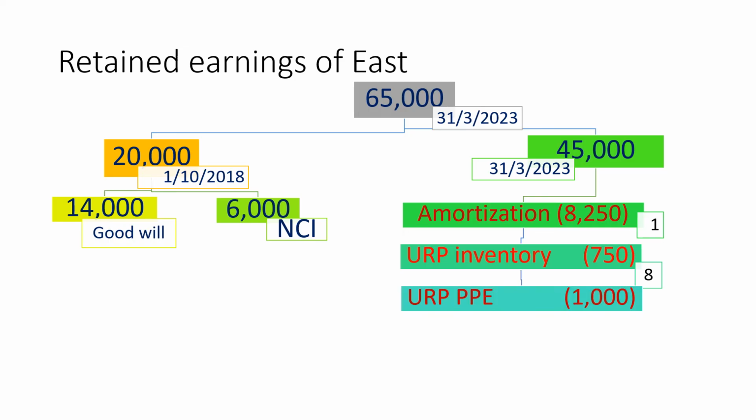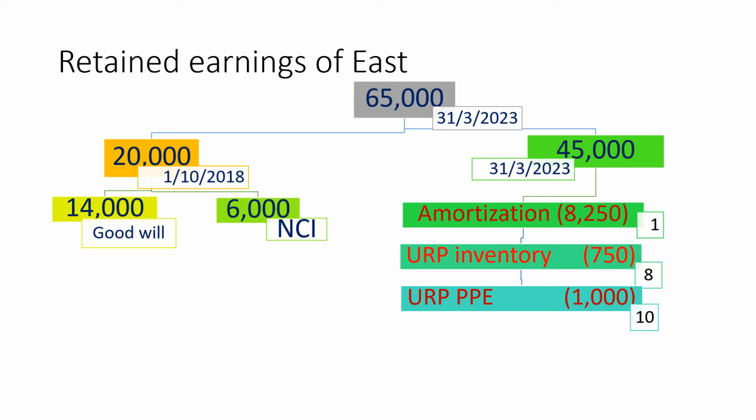Then we have to remove the unrealized profit on property, plant and equipment, that is 1000. This is the profit which has been obtained by East by selling its property, plant and equipment to the South, and this comes under adjustment number 10.